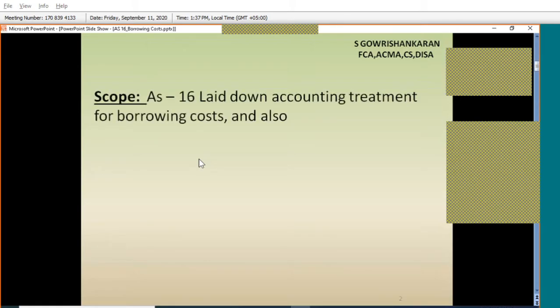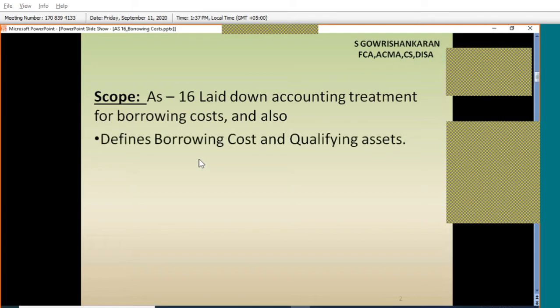Scope. AS 16 lays down the accounting treatment for borrowing costs and also defines what is borrowing cost and what is a qualifying asset. Qualifying asset, I said, is an asset under construction, an asset under preparation.